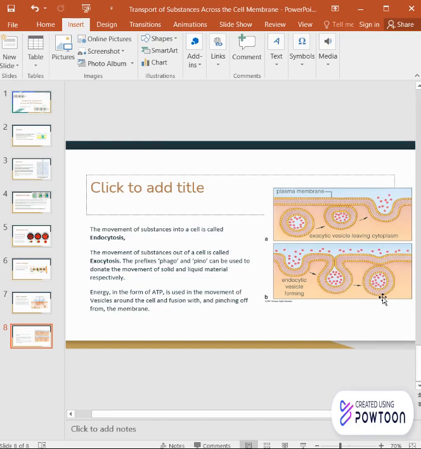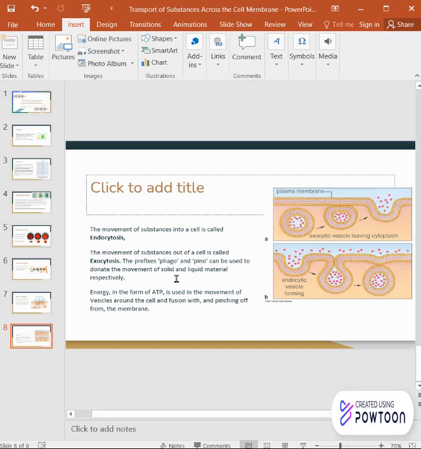For exocytosis, you would have the vesicles already within your cell and they would bind with the cell membrane, your external cell membrane. So it binds to the cell membrane and then the substances are released into the external environment outside of your cell. For exocytosis, there are two types. You have phago and pino.